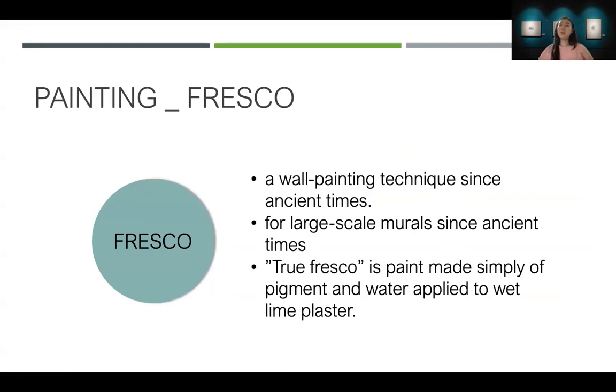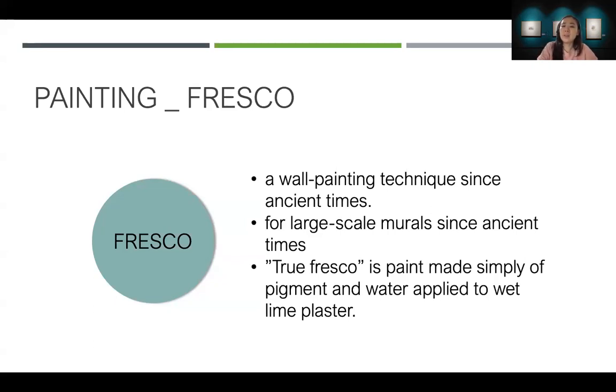Fresco is above all a wall painting technique, and it has been used for large scale murals since ancient times. With the fresco, pigments are mixed with water and applied to a plaster support, usually a wall or a ceiling coated in plaster.